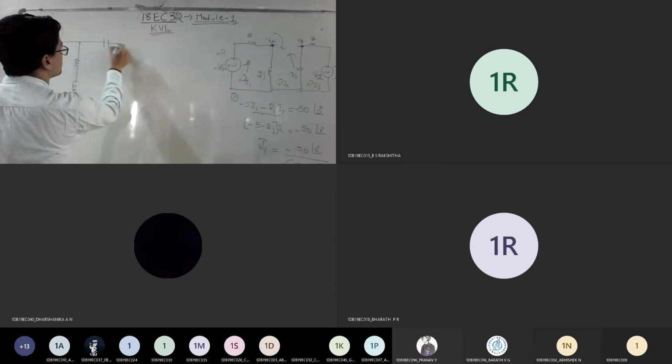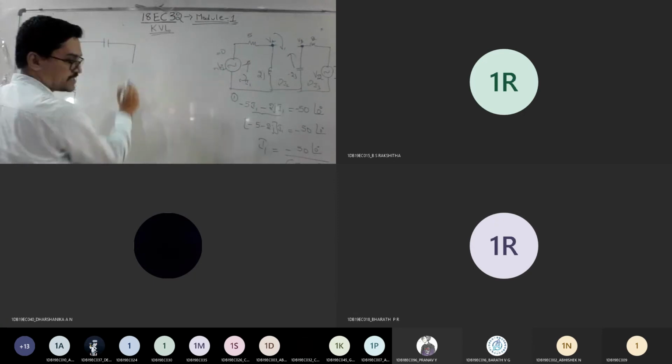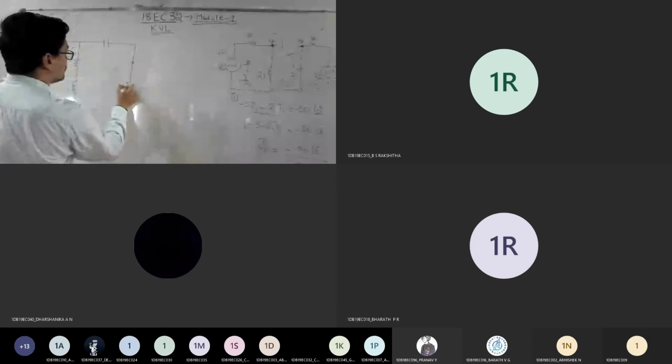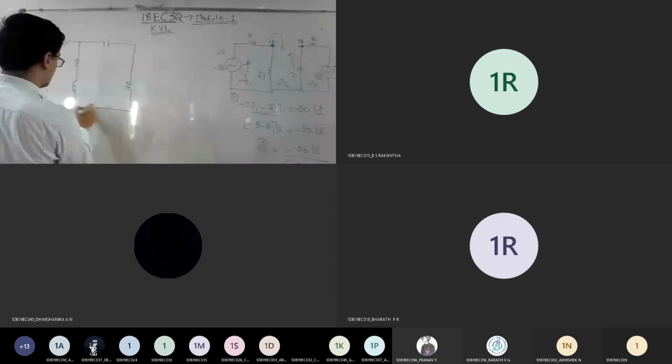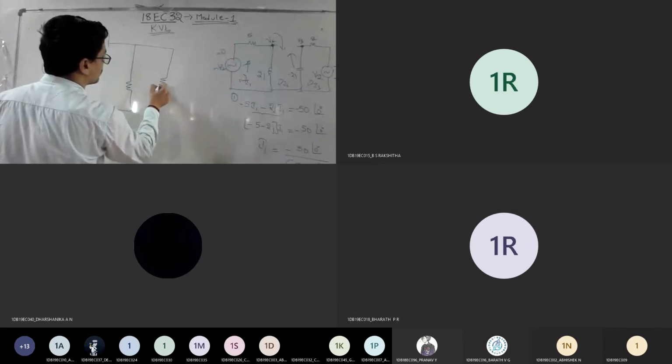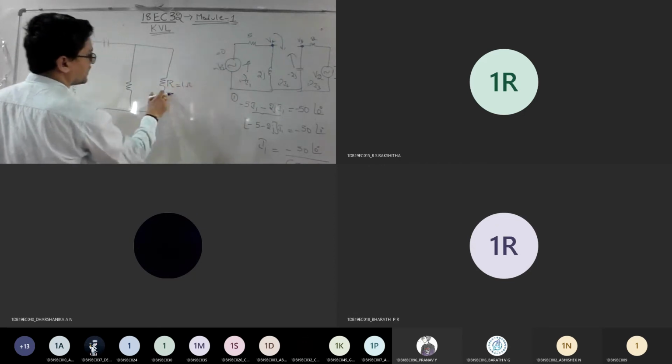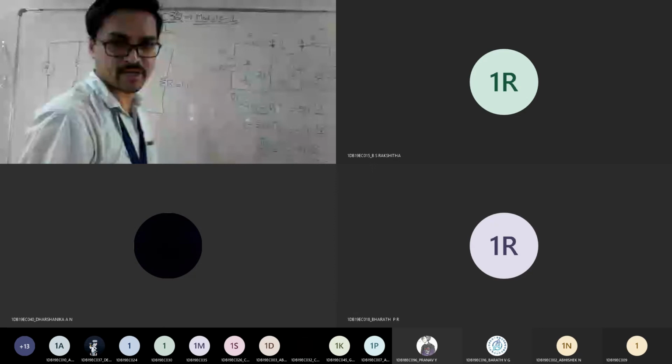So the network is given. There is a resistor here and you have a 1 ohm load here. So this is your load, R equals 1 ohm. You need to find the current across this load using mesh analysis.